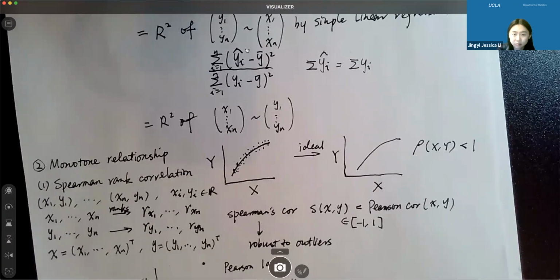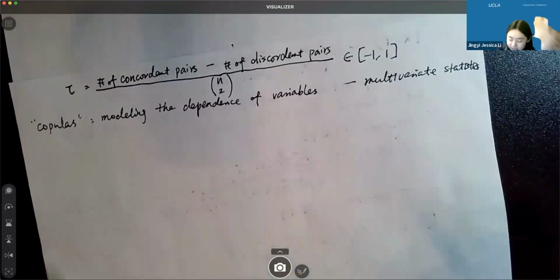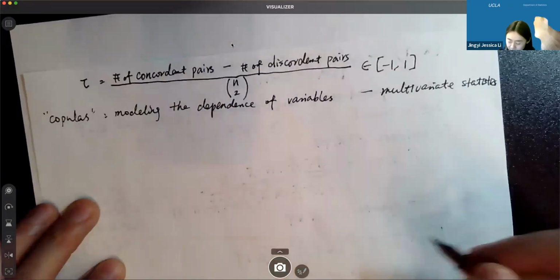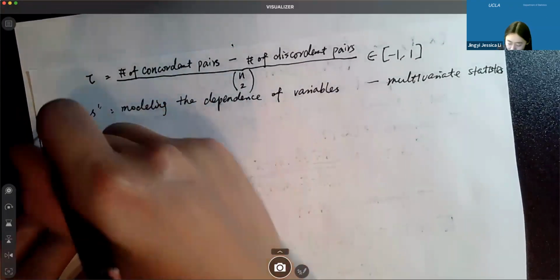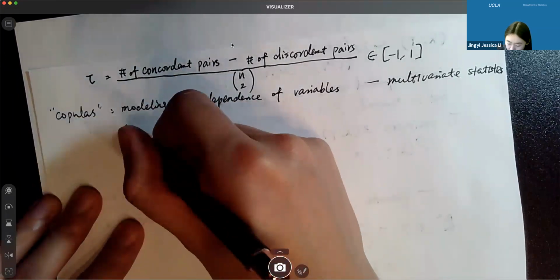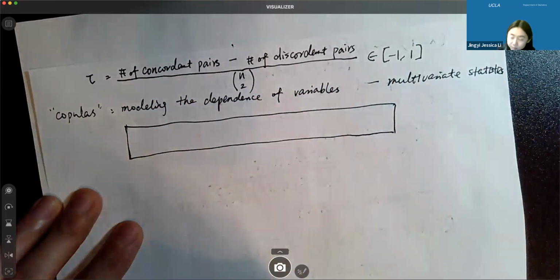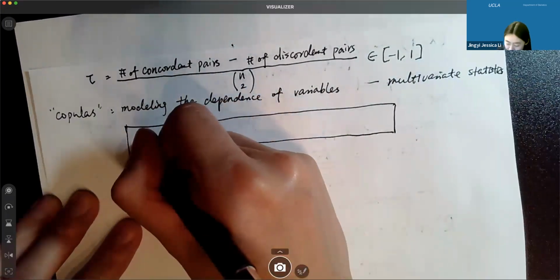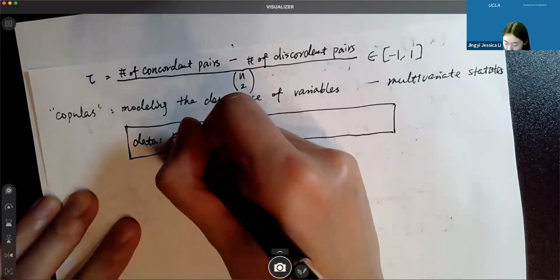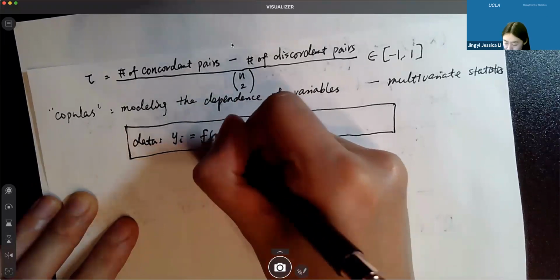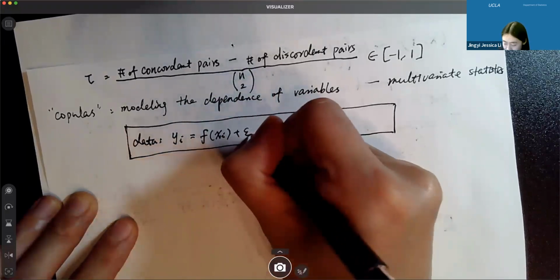Okay, so to be exact, maybe let me just say it this way. The whole discussion is about this thing. So maybe just try to summarize this into this box about what we're talking about here. If we believe that our data is generated from this model, for the ith data point, yi is some function f of xi plus some noise epsilon.